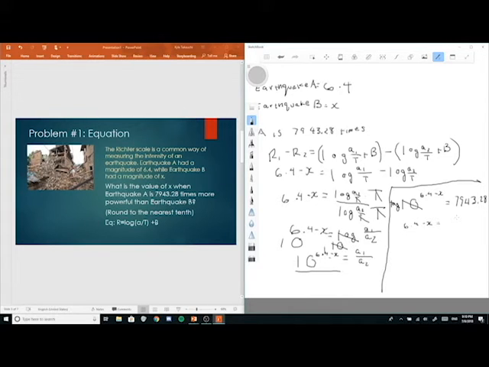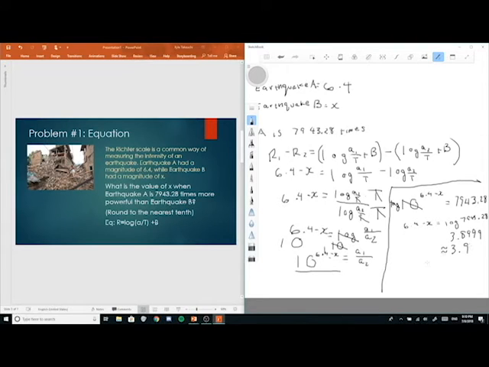So we would do the log of 7,943.28. When we do that, we should get the value 3.8999, which is roughly 3.9.